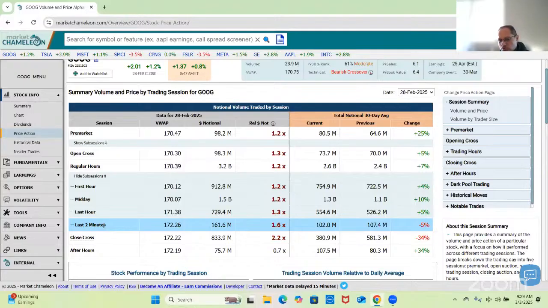So even in the last 2 minutes, you'll see volume pick up, at a much larger volume than the other minutes before that.